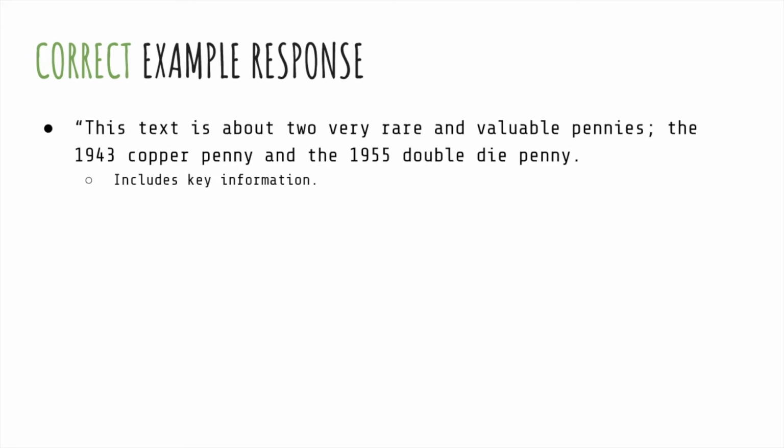Just show that these two pennies are very rare and valuable. That is an example of a great summary right there. Remember, it doesn't include unnecessary information about why they are valuable or how much they're worth. Just nice and to the point, okay? And again, it's a complete sentence, and it's in my own words, right?